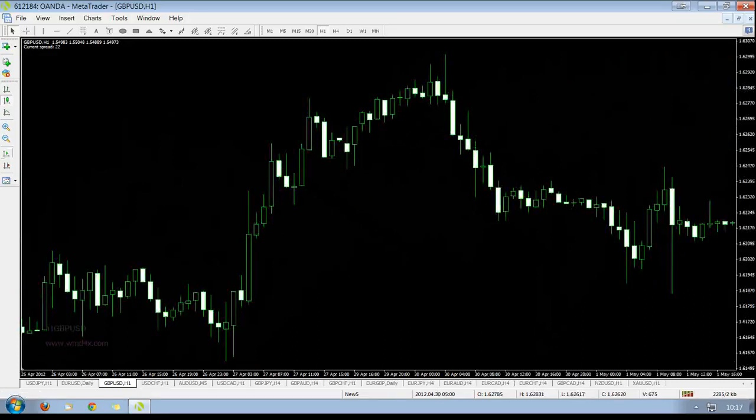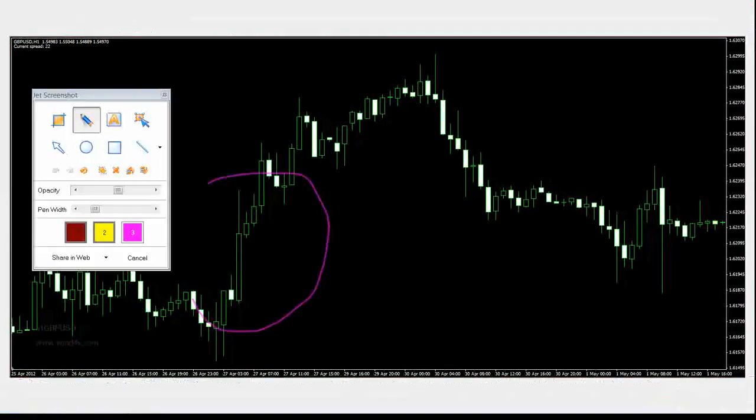This is the structure I'm looking at: we had a full-bodied candle with a wick, and if we look at the second candle and the third candle, the only way I've been able to describe it is I'm calling it a wick fill, right? It may not necessarily be the best possible description, but I'm calling it a wick fill.